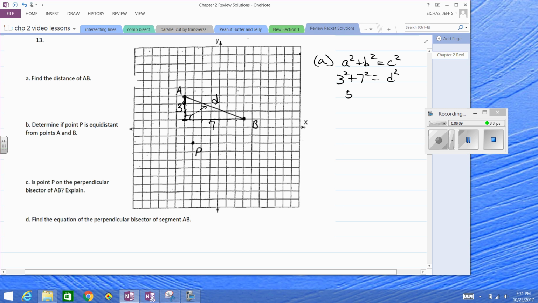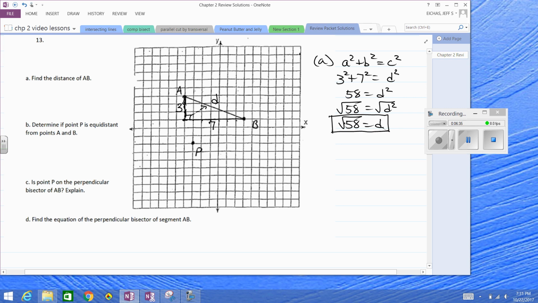That's going to be 58. And it doesn't say whether we're allowed to round or not. When you type square root of 58 in your calculator, you're going to get a little over 7. I don't know exactly what you get. It doesn't matter. I have to leave it square root of 58. I cannot round. If it doesn't say round, you have to get the exact answer, which is square root of 58.